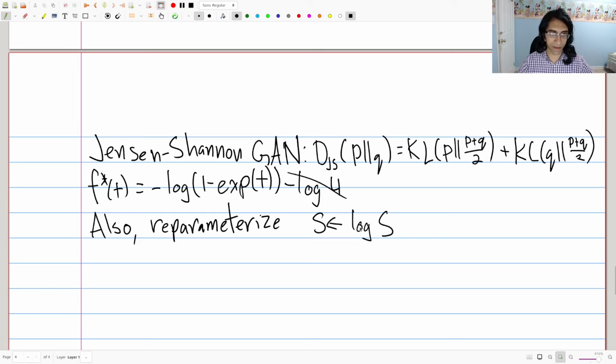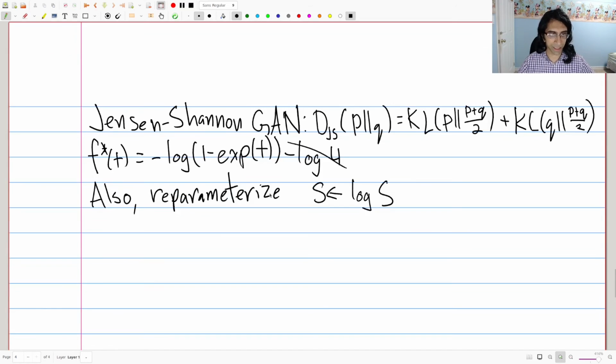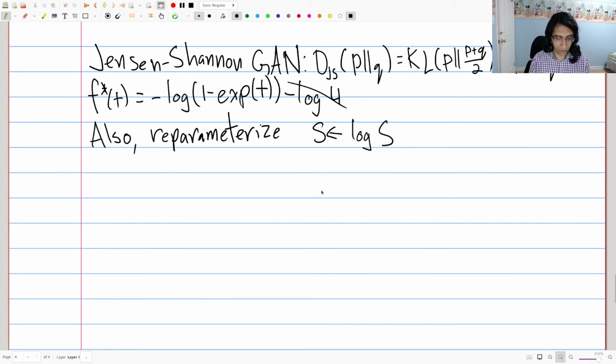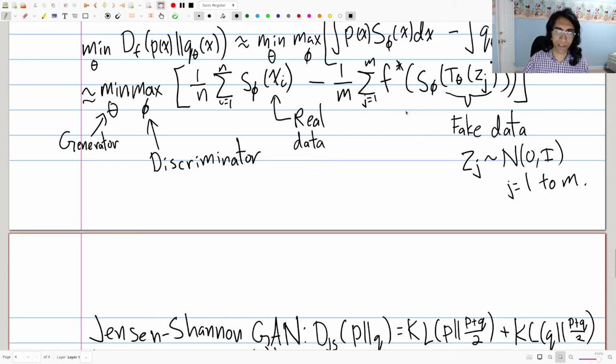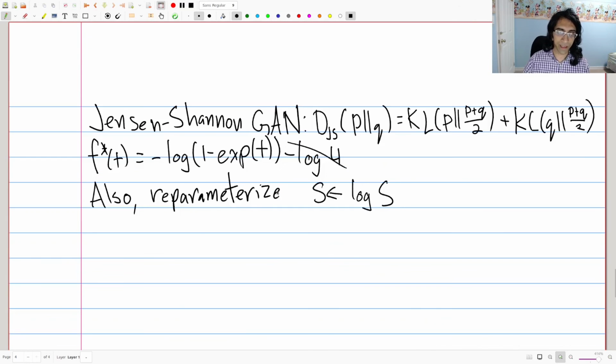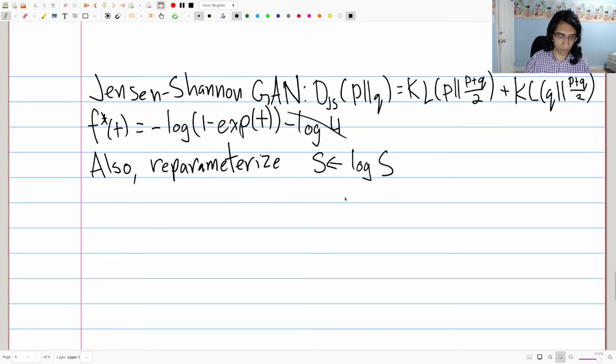Well, if we take the log instead, then it'll just be 1 minus t essentially. So, all this work aside, just take a look at this expression and convince yourself that if you plug in this f star of t and do this reparameterization, then we will be able to arrive finally at the following type of loss function.